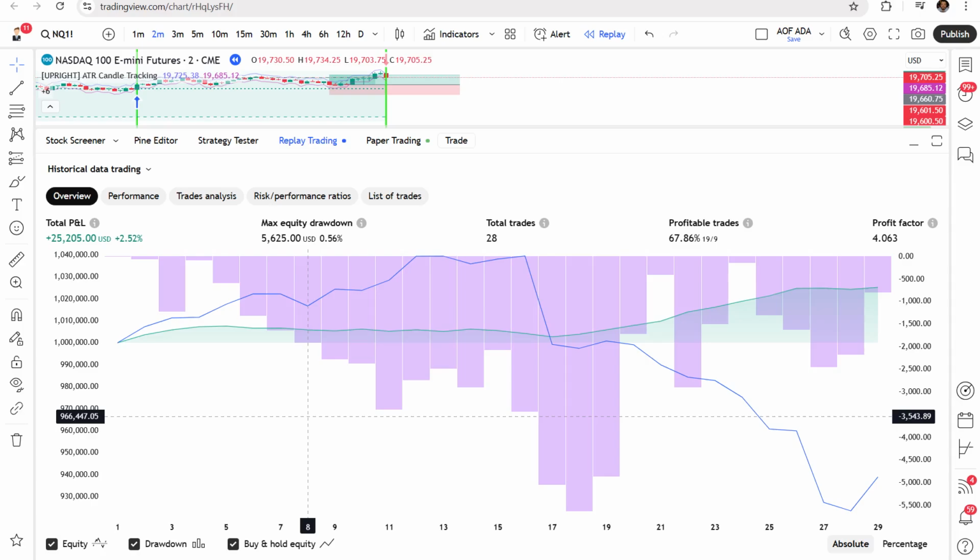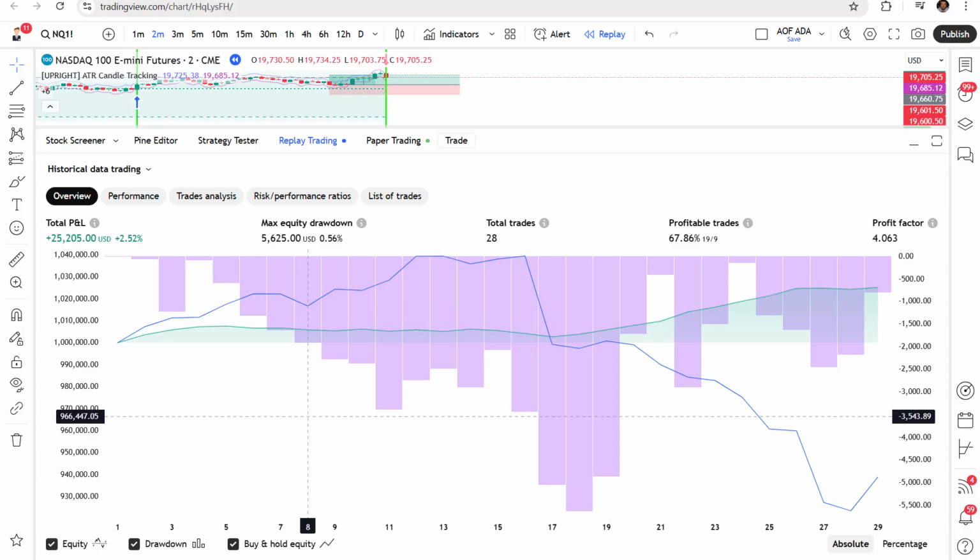And so you can see that the total gain was $25,205. Now the 2.54, I'm not sure what kind of balance it was going off of. Off the top of my head, I'm sure there was probably some way to dig into the settings and modify the balance it started out with.